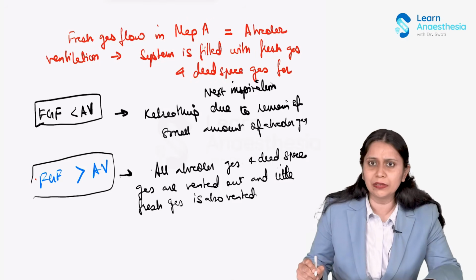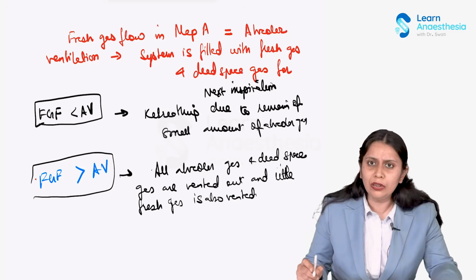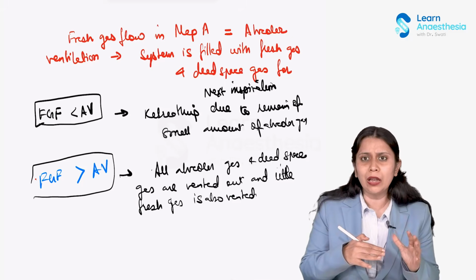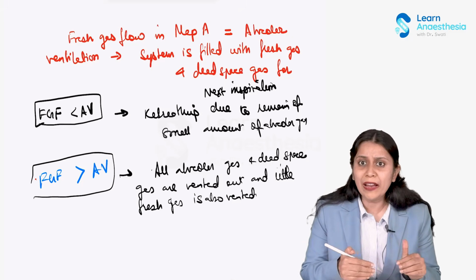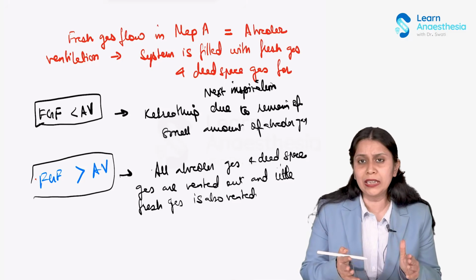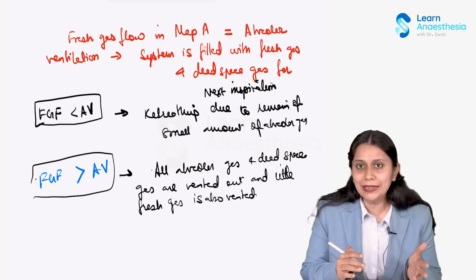But if you see clinically, how we have explained just now, we do not get such kind of thing in a clinical scenario in a patient, right? Such efficiency is not possible to achieve in a clinical scenario.